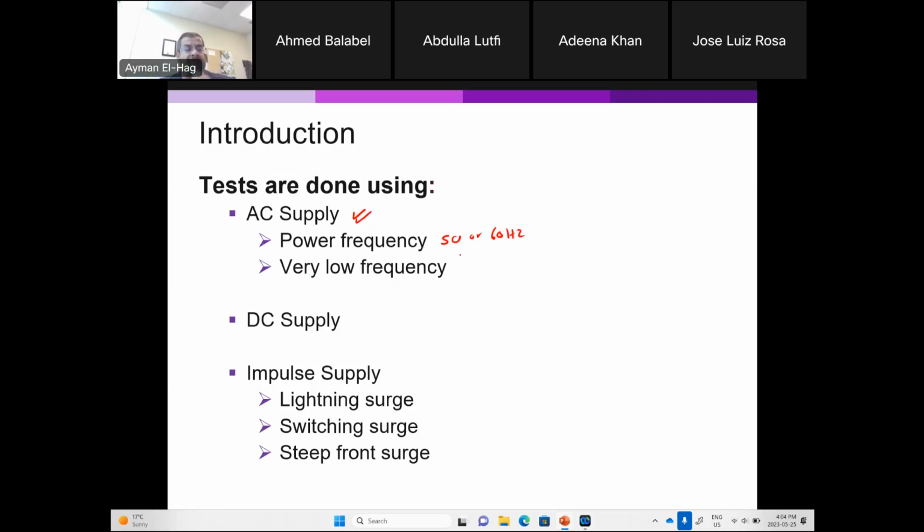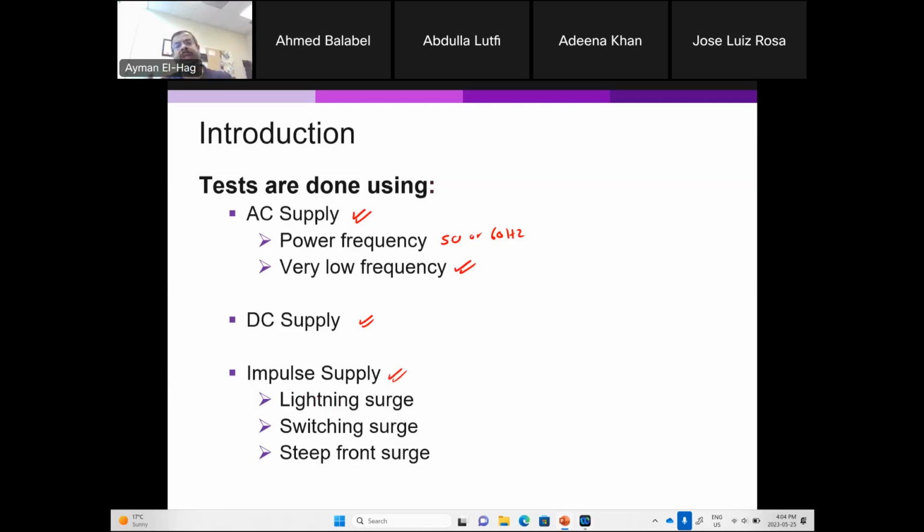Or sometimes we have it at a very low frequency, and we'll talk about it in more detail as we give examples of the assets. DC supplies are another type of test that we do, and we need to understand the performance of the supplies. And finally, impulse testing: we test for lightning, switching, and steep front.